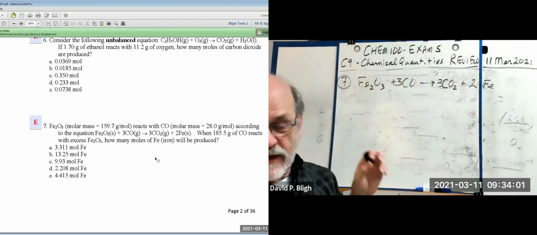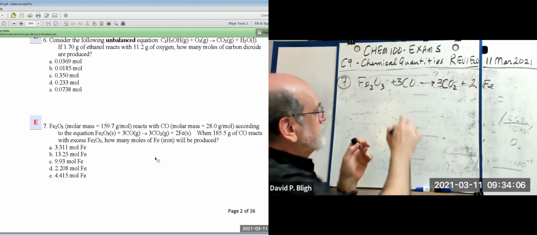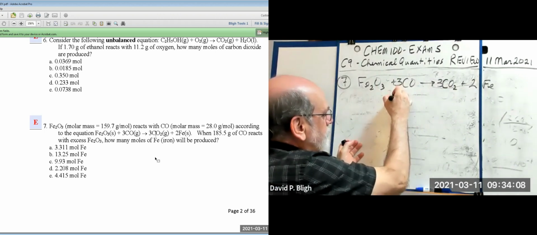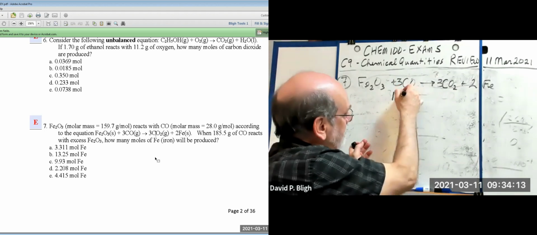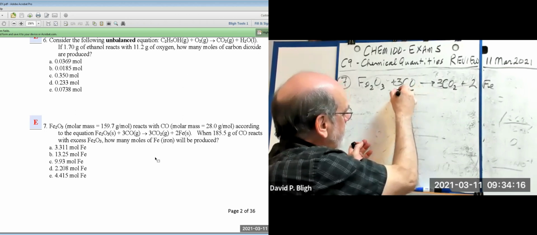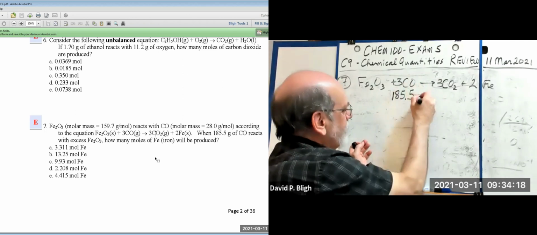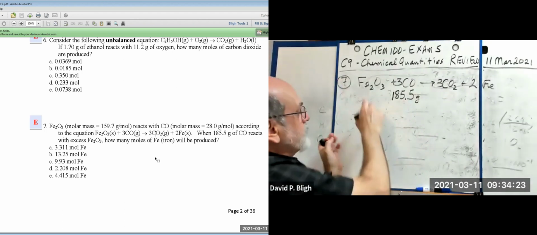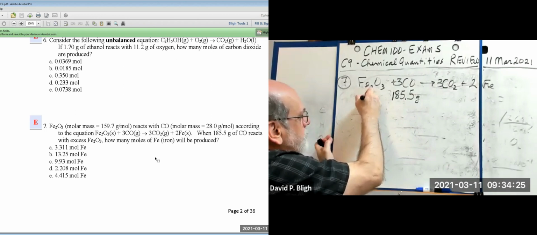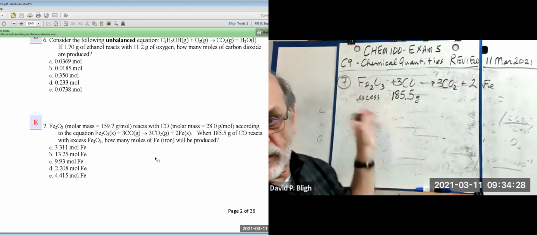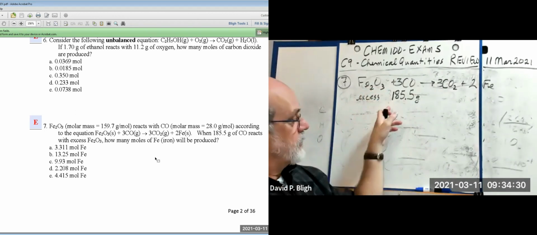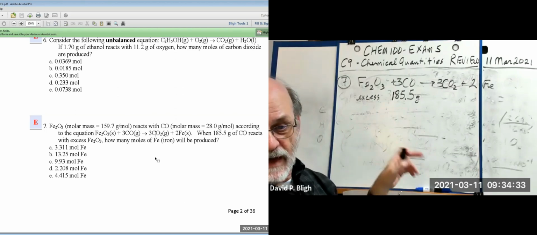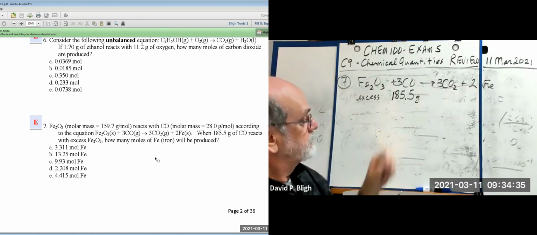Okay, now they're giving us 185.5 grams of carbon monoxide reacting with excess iron 3 oxide. So excess here. There's plenty. So we're going to say all of this is consumed. How many moles of iron will be produced?